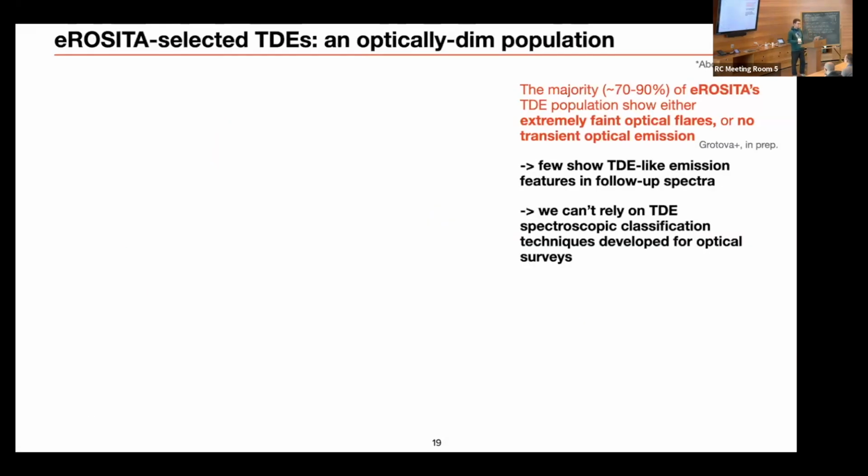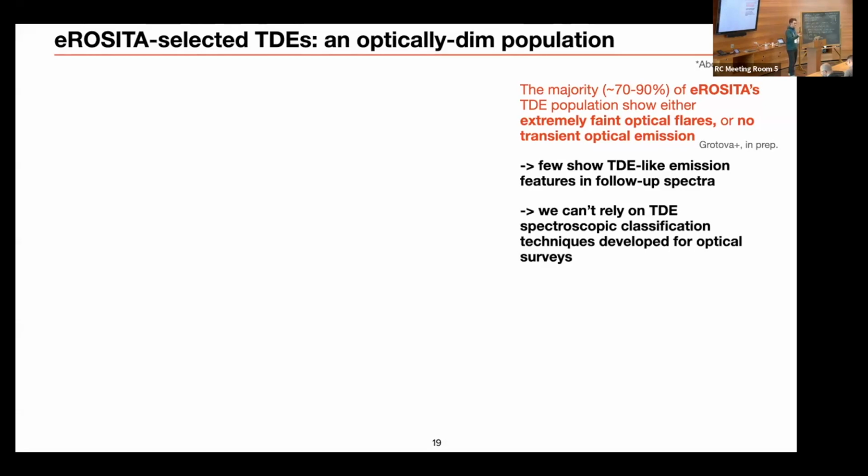One thing that we have seen so far is that the majority of eROSITA-selected TDEs are optically dim. So the majority, about 70 to 90%, either show extremely faint optical flares or no transient optical emission. And as a result of this, when you have your TDE candidate that you select with eROSITA and you obtain a follow-up optical spectrum, then typically we don't see the transient optical emission features that you see for optically selected TDEs.